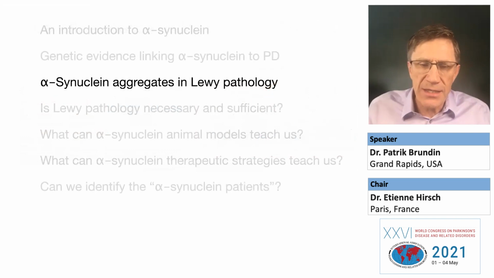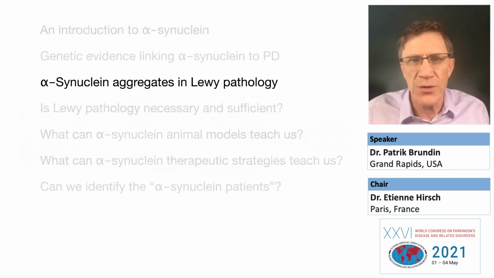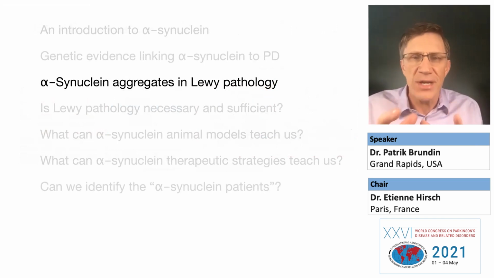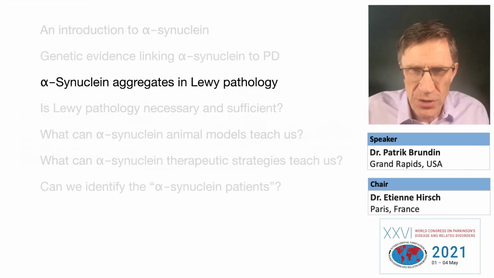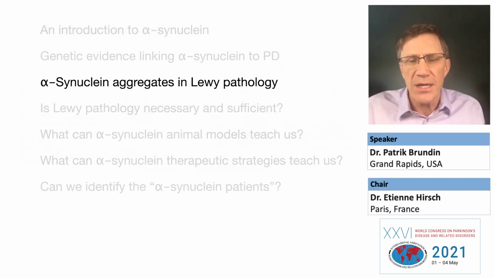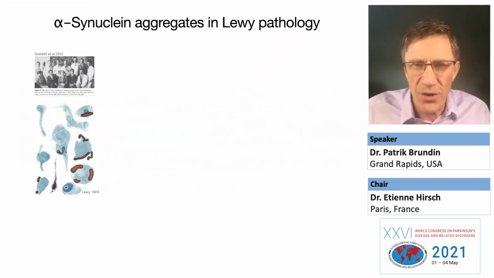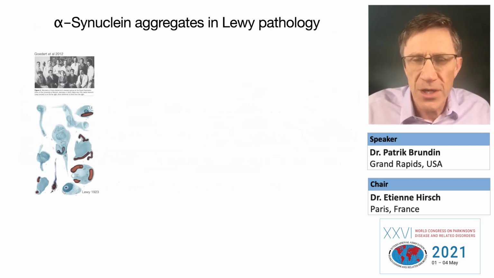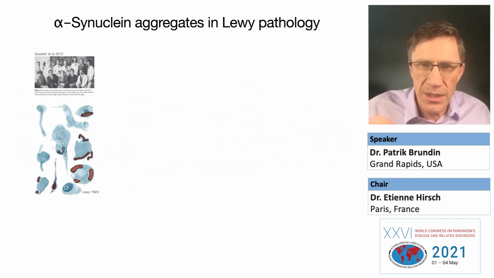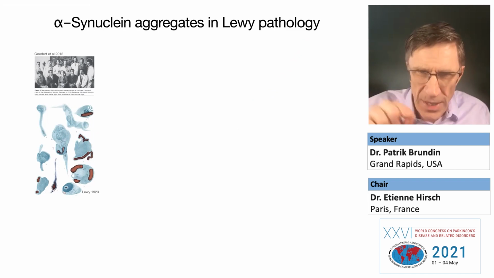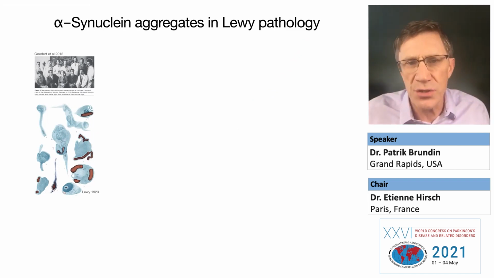So let's get to these aggregates that alpha-synuclein forms in Parkinson's disease. And you know they are really the main constituent of Lewy pathology. Historically, we have to honor Fritz Jakob Heinrich Lewy, who was a student of Alois Alzheimer, who in 1912, for the first time, described the microscopic inclusions in neurons.